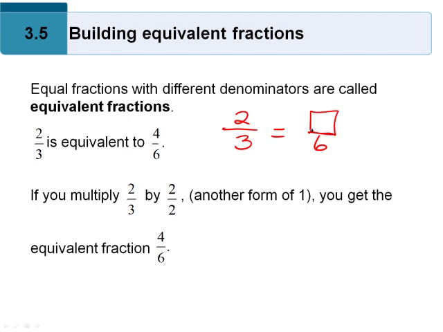So basically what you're going to do is you're going to divide the denominator. 6 divided by 3 is 2. So that means we had to multiply the bottom by 2 to get to the new denominator. So that means you also have to multiply the top by 2. So 2 times 2 would be 4. And that's your new equivalent fraction, 4/6. Okay, so that's what we're going to do.